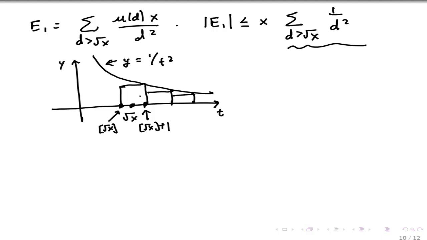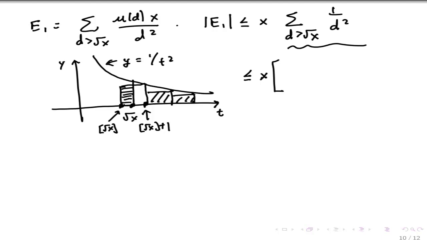Okay, so this sum, 1 over this first integer squared plus 1 over this squared plus 1 over this squared is going to be less than or equal to x times what? So if I take the integral from root x to infinity, I would still have this little piece right here.